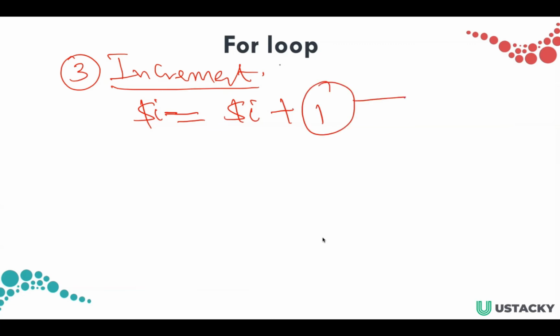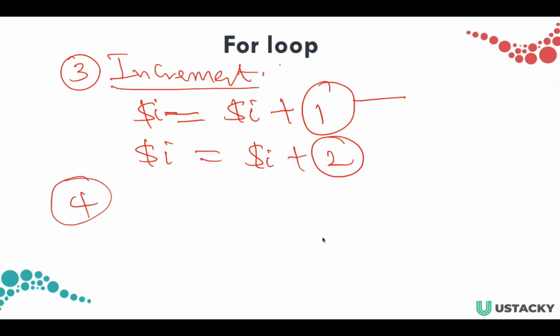This is the increment of 1. For the increment of 2, it will be $I equals $I plus 2. So the third component is basically for increment. And the last component, block of code, which you are very used to. So this is the code to be executed in the specified number of times.